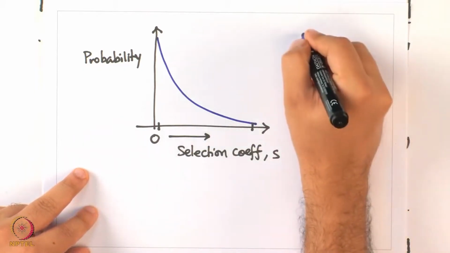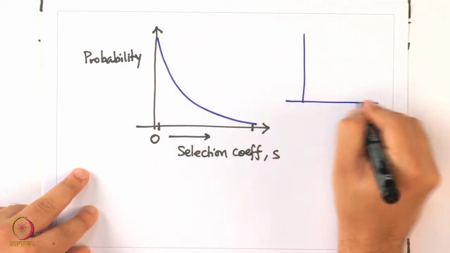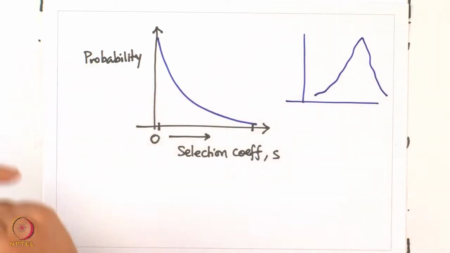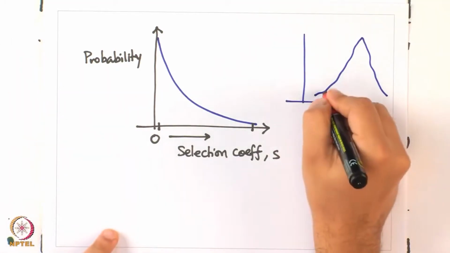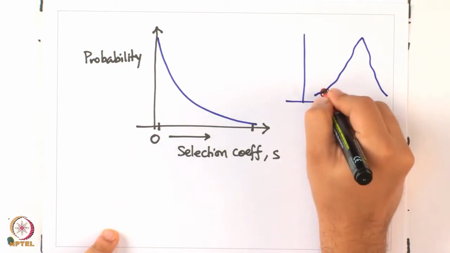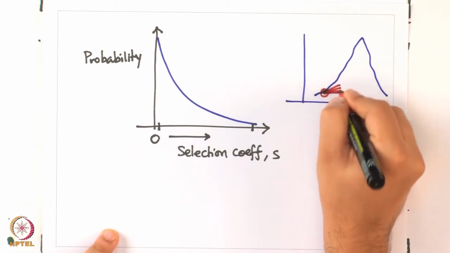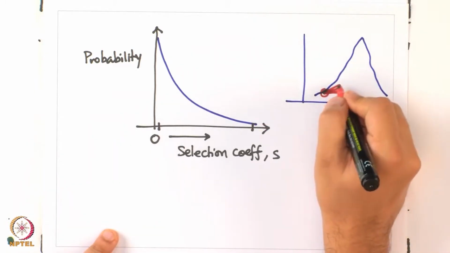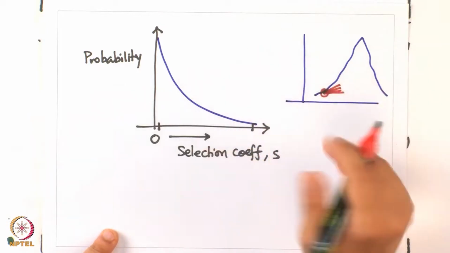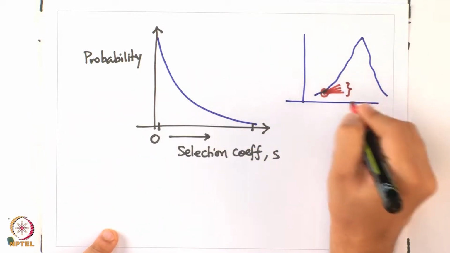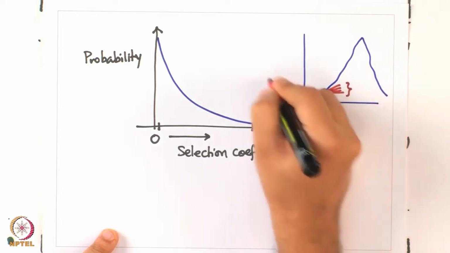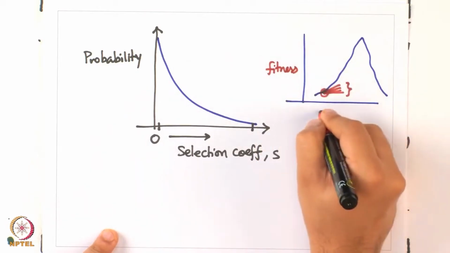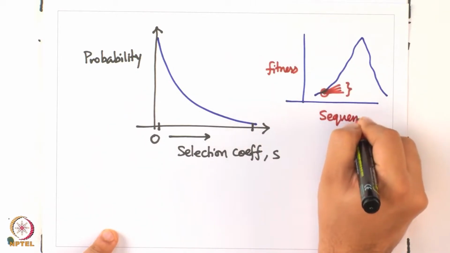If you imagine this on a fitness landscape, imagine this is the fitness landscape and the sequence where the population is at this point, then all these mutations, and similarly because this is a 3-dimensional hill, you will have equivalent steps on the other side of the hill. So, you have a large number of mutations which confer only a small benefit. Remember, on a fitness landscape, this axis represents fitness and this axis represents sequence space.